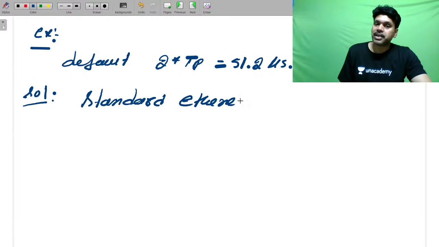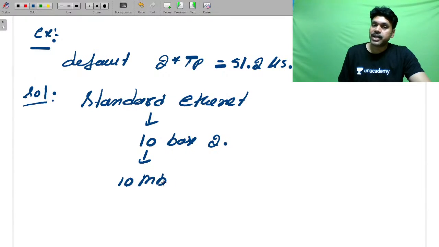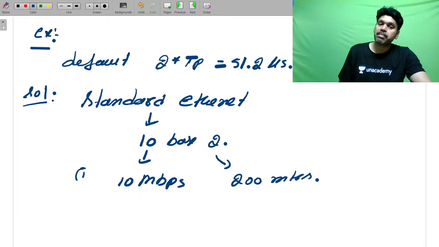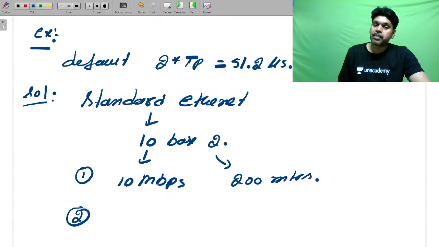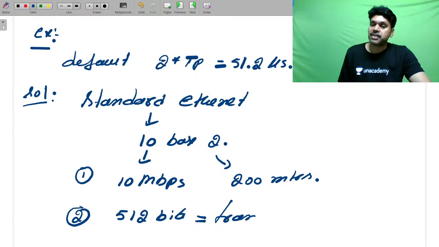Your basic Ethernet is 10 base 2. What is the meaning of 10 base 2? 10 stands for 10 Mbps and 2 stands for 200 meters. This is the first important point. And the second important point is your frame size is 512 bits. Why? We will see in tomorrow's Ethernet class. Your frame size is 512 bits by default.